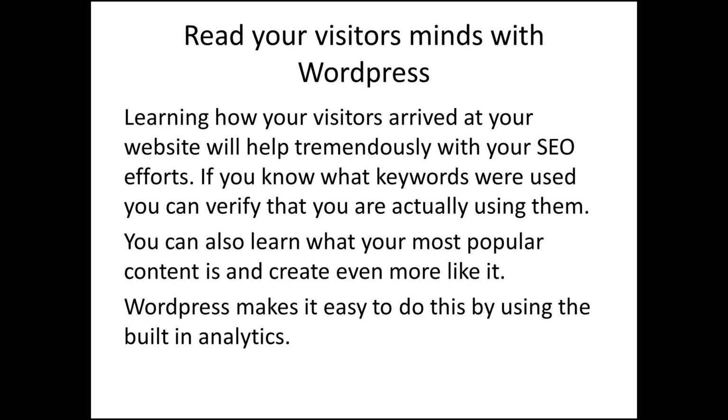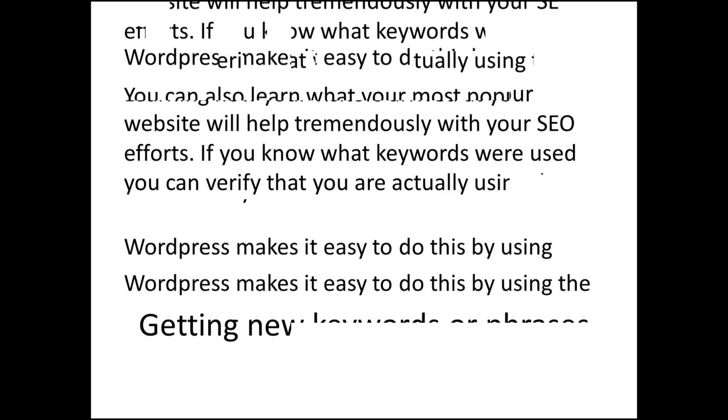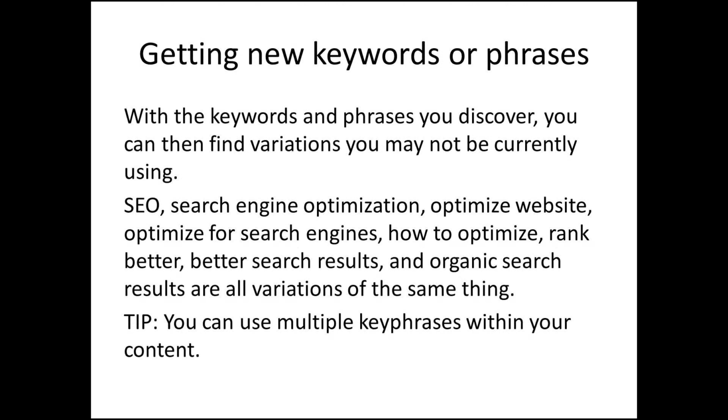And then another thing I do is I read my visitors' minds. And I don't do this the way Johnny Carson used to do it, putting on the little tinfoil hat or anything. What I do is I use a little feature in WordPress called Site Stats. It's a little analytics feature. What I do is I figure out what my visitors have been searching for and how they get to my website.